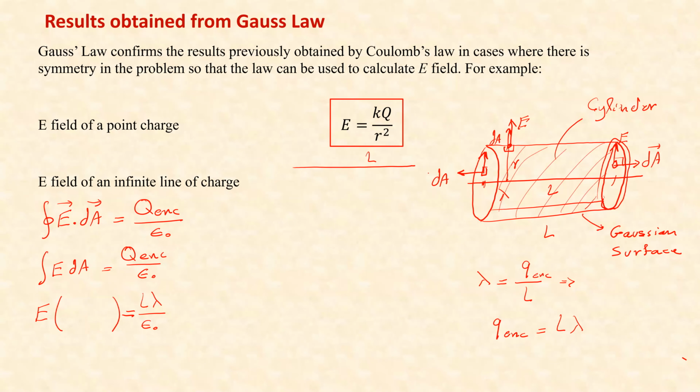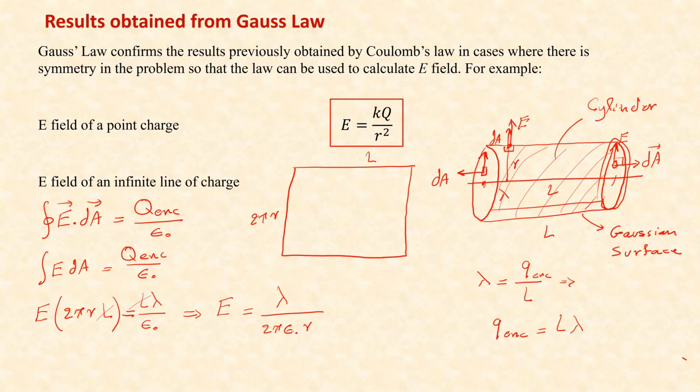This is L, and this side becomes the circumference, which is 2 pi r. So we can write 2 pi r L, right? And as you see, L cancels out. Therefore, E becomes lambda over 2 pi epsilon naught r.